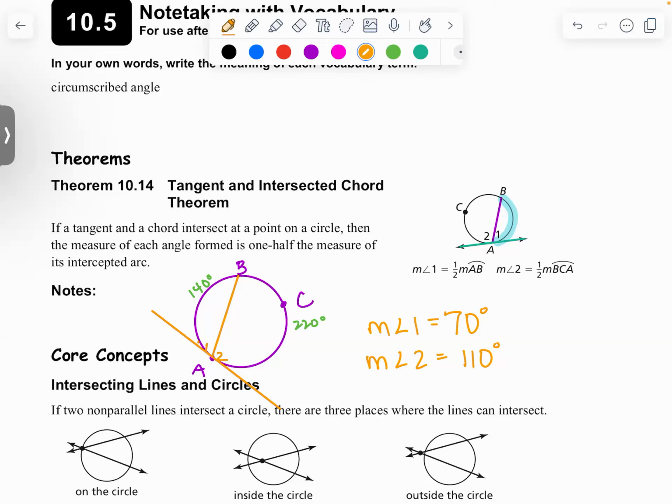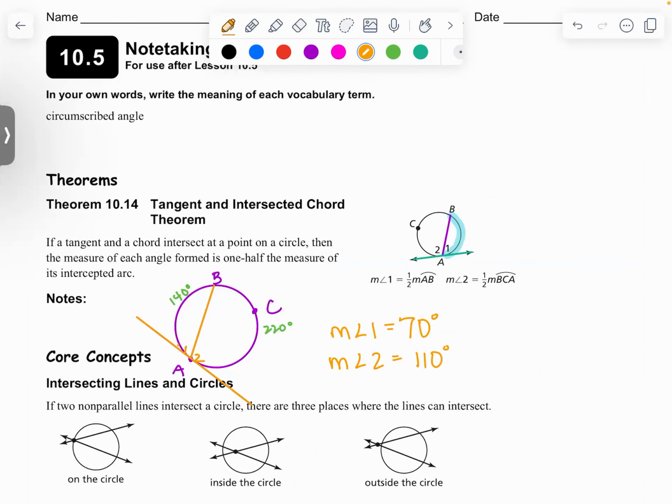So even without knowing the 220, we can get 110 because those two are a linear pair. It's like one of the first things we learned, and it comes back every chapter. Yep. Or we know a full circle is 360. Okay.